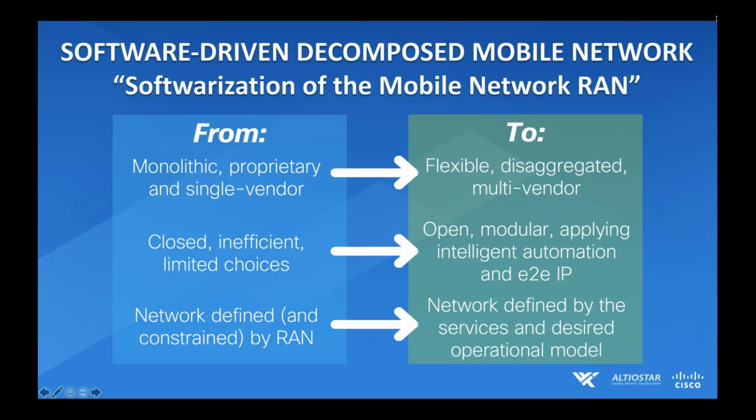Moving from closed systems where a single vendor developed and delivered proprietary hardware that stretched from the radio through to the baseband unit equipment, moving to something that's more modular, something that can be applied with intelligent automation. We get this end-to-end internet protocol connectivity.